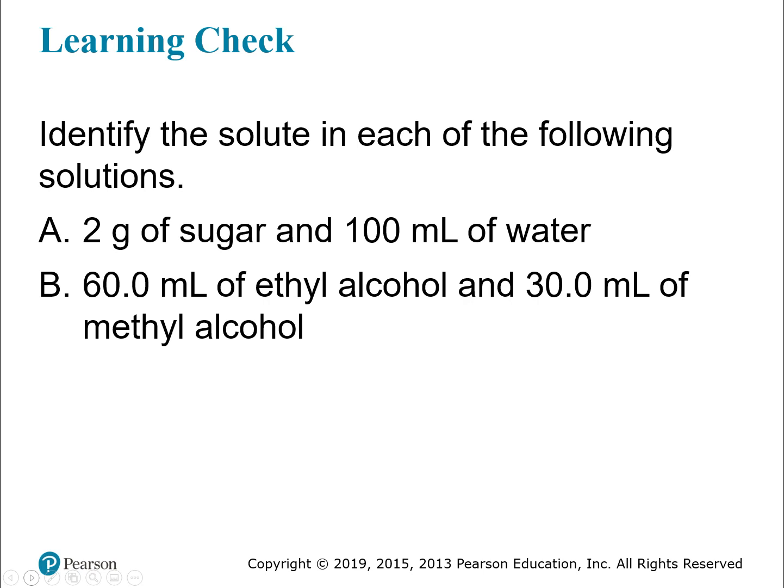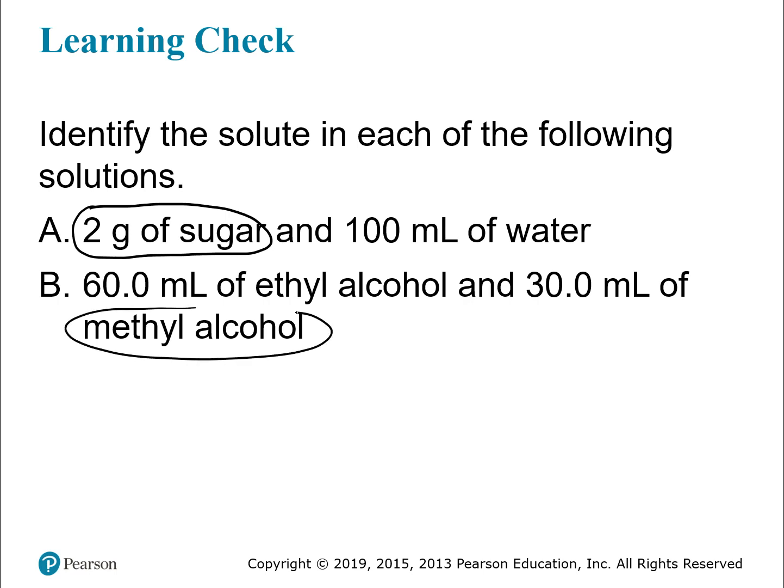So we've got 2 grams of sugar and 100 milliliters of water. 2 grams of sugar is definitely going to be smaller here, so that's going to be our solute. 60 milliliters of ethyl alcohol and 30 milliliters of methyl alcohol. 30 milliliters is smaller, so that means the methyl alcohol has got to be the solute. So that's just to remind you, solute, it's present in a small amount.